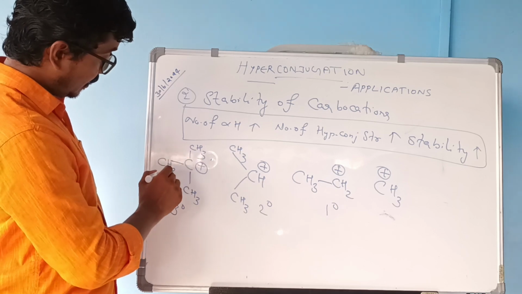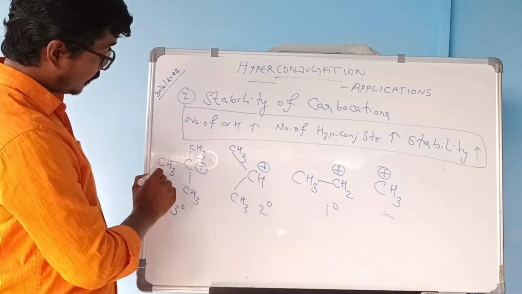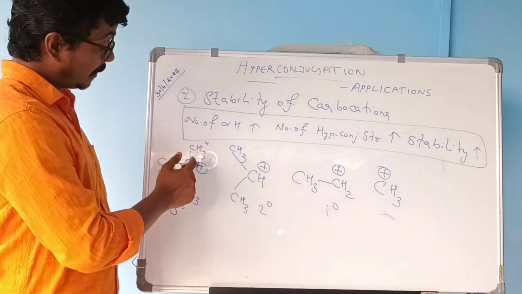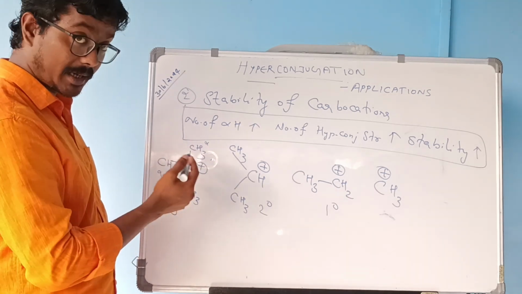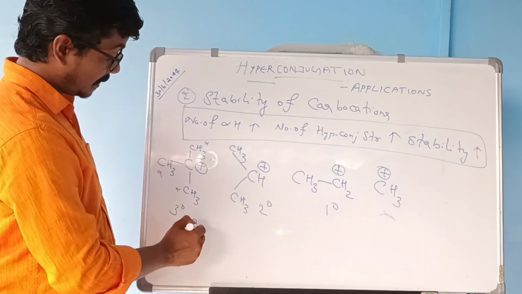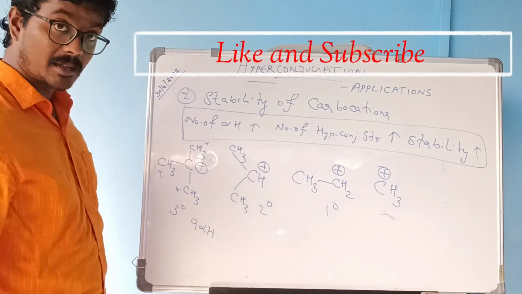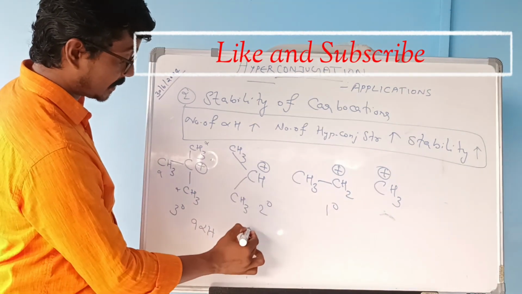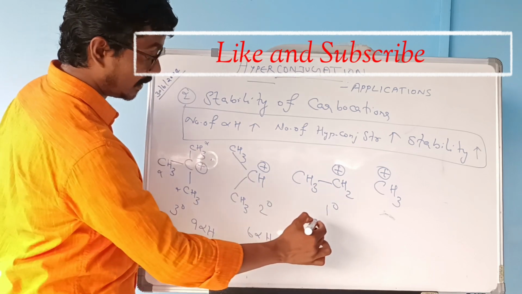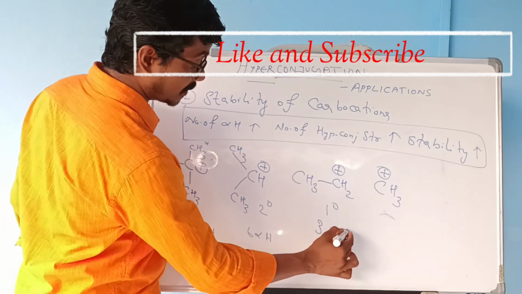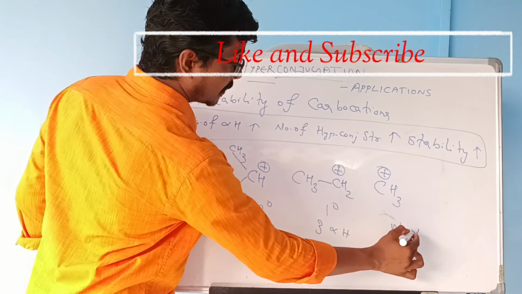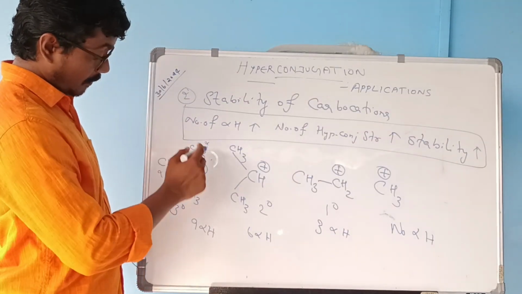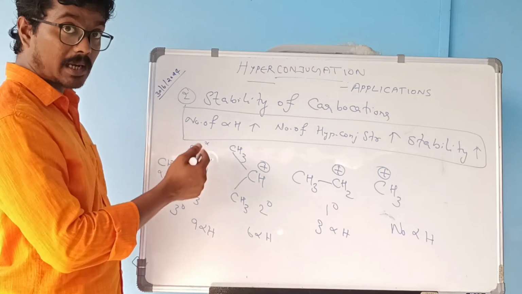Here there are 3 alpha carbon atoms and 9 alpha hydrogen atoms, here 6 alpha hydrogen atoms, here 3 alpha hydrogen atoms, and no alpha hydrogen. So we can say that the more stable carbocation possesses more alpha hydrogen atoms.